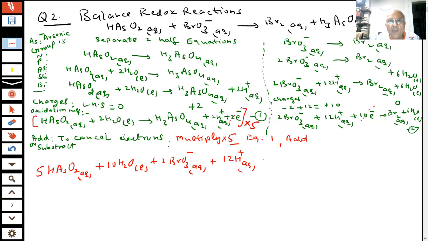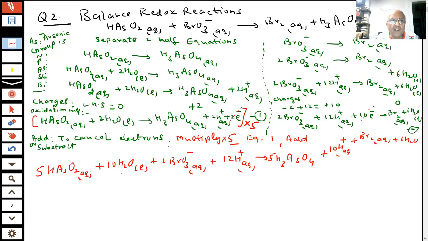On the right side it is becoming 5H3AsO4 plus 10H plus, 5 into 2, 10H plus aqueous, plus Br2. How much Br2? And then plus 6H2O. Okay.